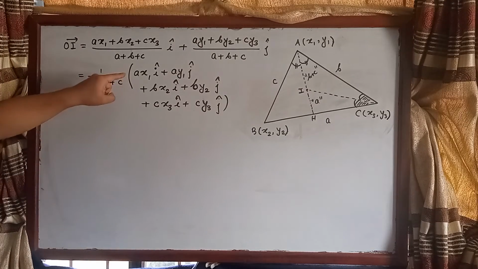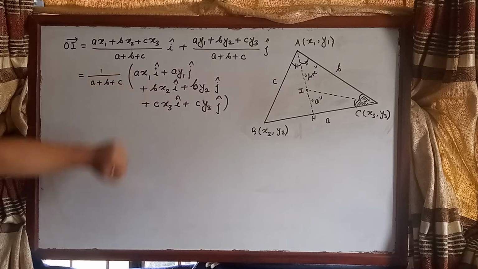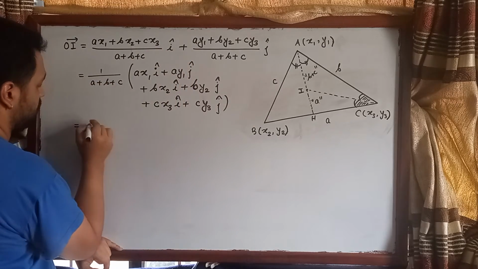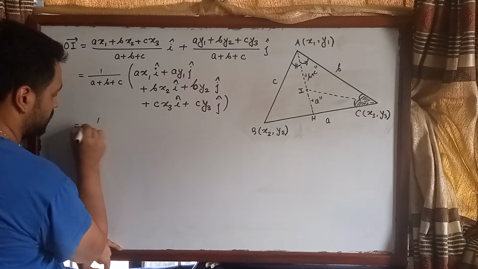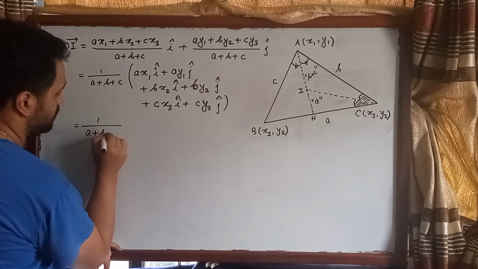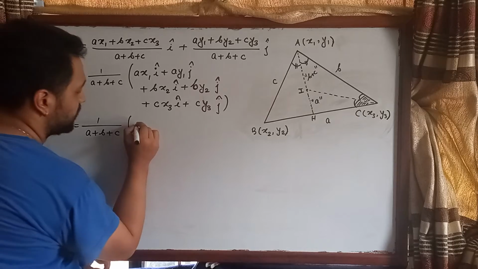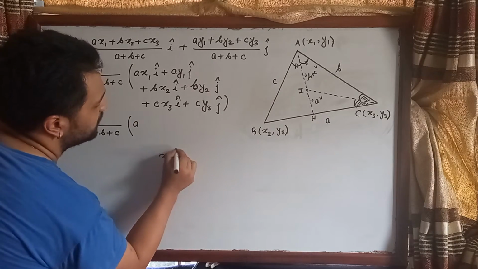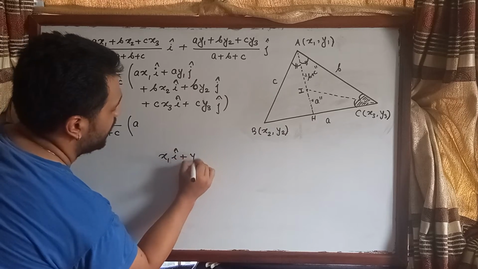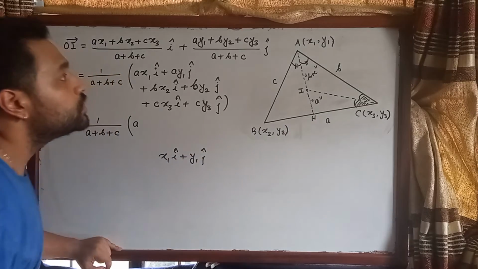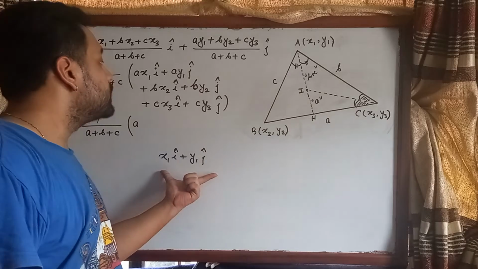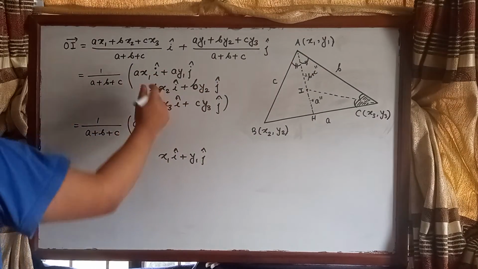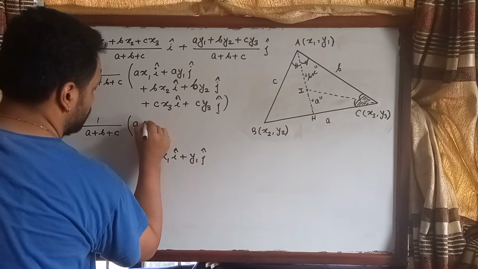And all right, we take A as a common factor, and we have x1 i plus y1 j to be the position vector of A. So this vector is A times OA.